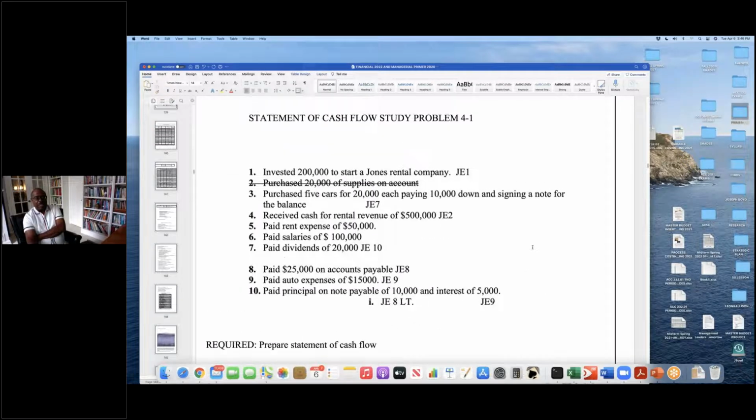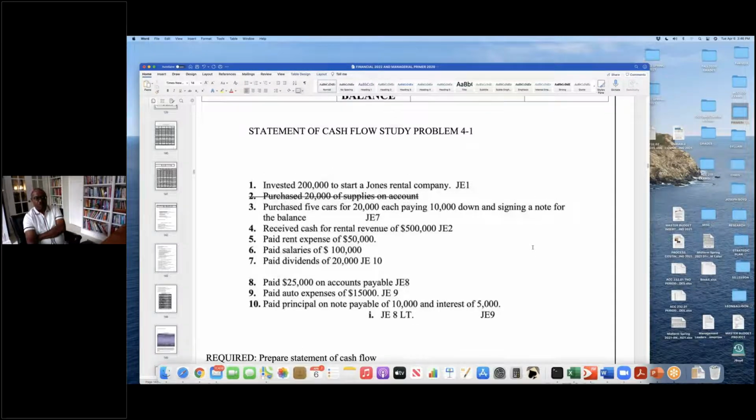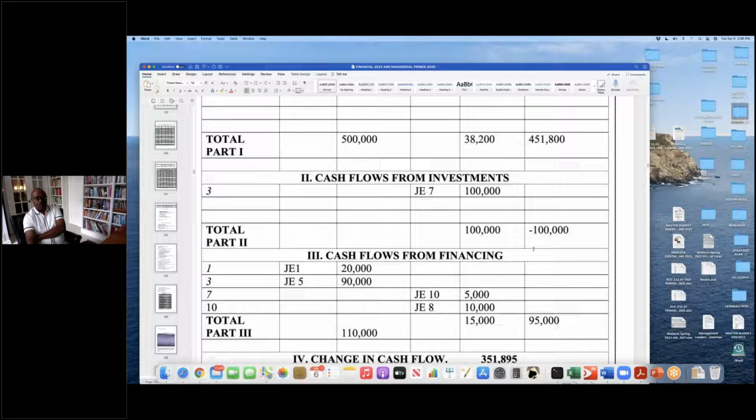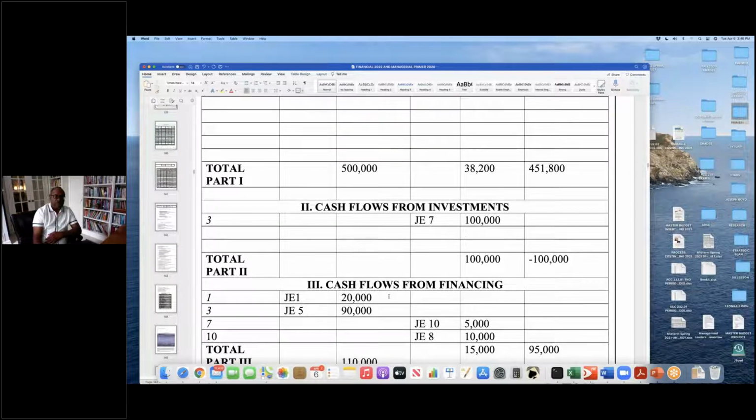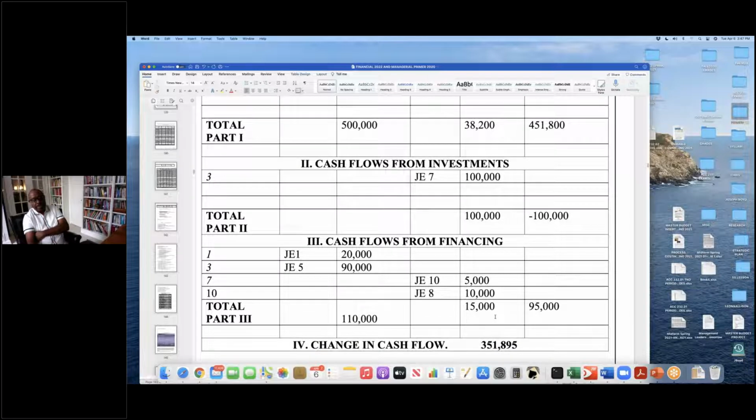And how do you distinguish between investments and financing? Investments are the long-term assets in the company. Okay. Investment in long-term assets. Financing is where it comes from. But where does your financing come from? It comes from cash contributed, borrowed money, and then you pay some of it back.